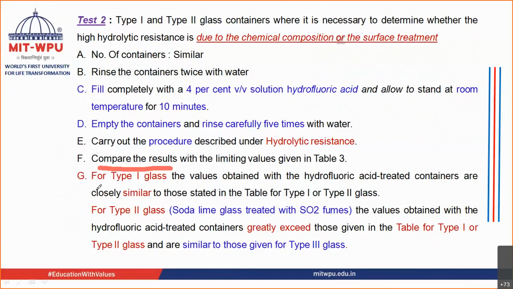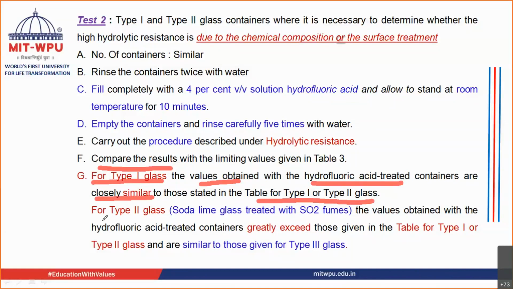Now what happens if it is a type 1 glass? If it is a type 1 glass, then the volumes obtained after HF treatment are similar to those stated in the table for type 1 and type 2 glass. There is no change that you are observing.